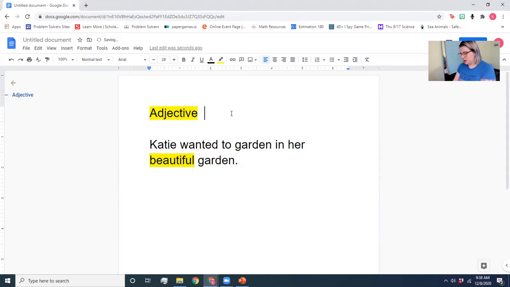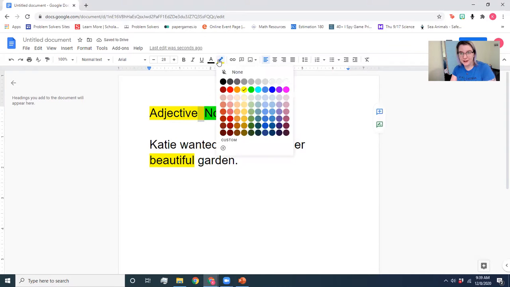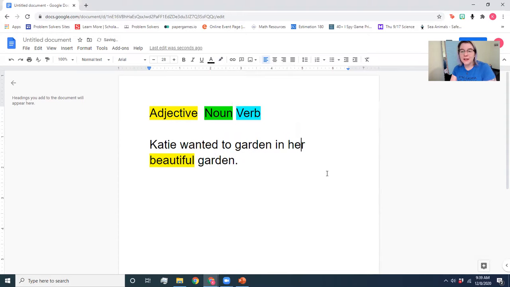Now, what about the noun and the verb? Let's highlight the noun in green and we'll highlight the verb in blue. All right, so if we're highlighting the noun in green and the verb in blue, where am I going?